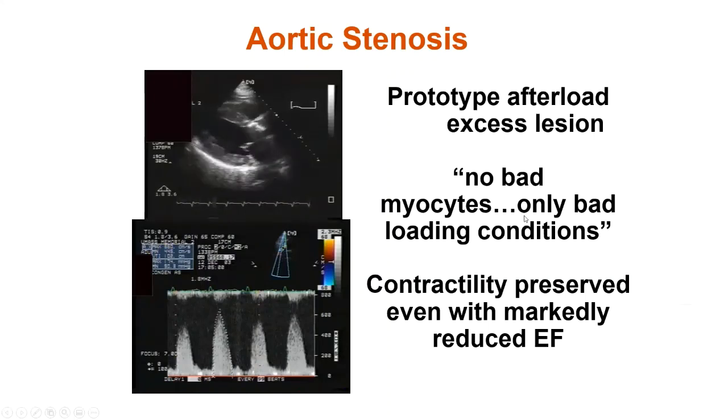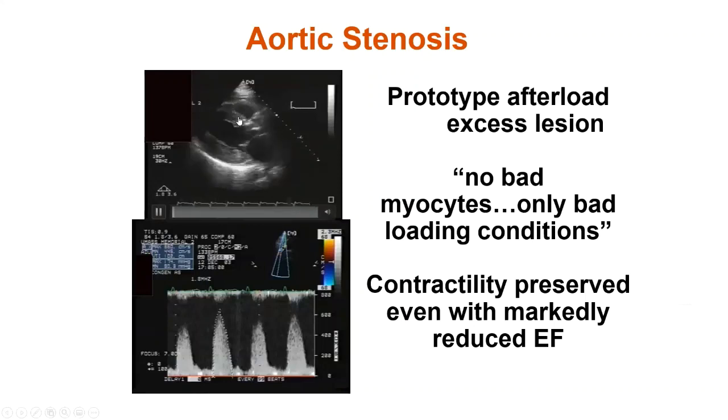So I kind of say this tongue in cheek, no bad myocytes, only bad loading conditions. And you always have to keep in mind the loading conditions, particularly in valvular heart disease, before you say that there is intrinsic abnormality in muscle function.